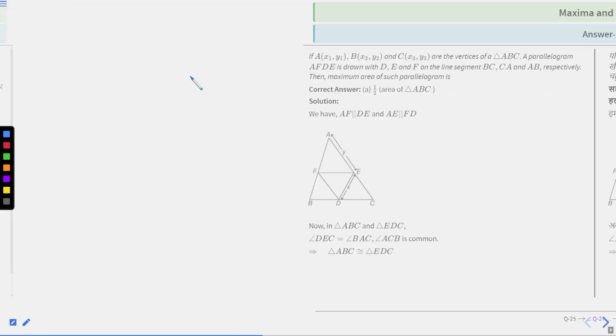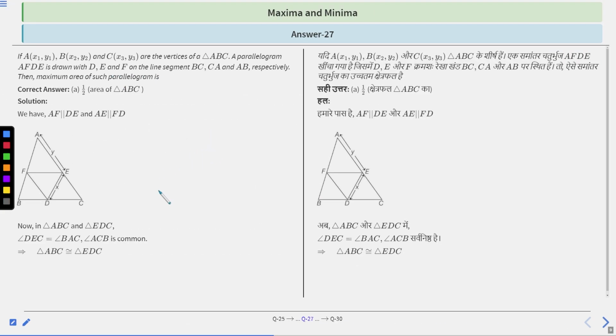Okay, let's move to the solution part. If A, B, and C are the vertices of triangle ABC, you can see that A, B, and C are vertices of triangle ABC. Now a parallelogram AFDE is drawn with D, E, F on the line segments BC, CA and AB. Clear?